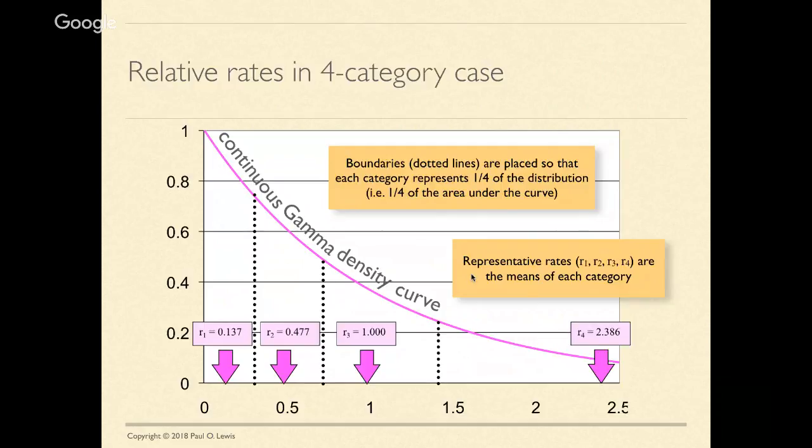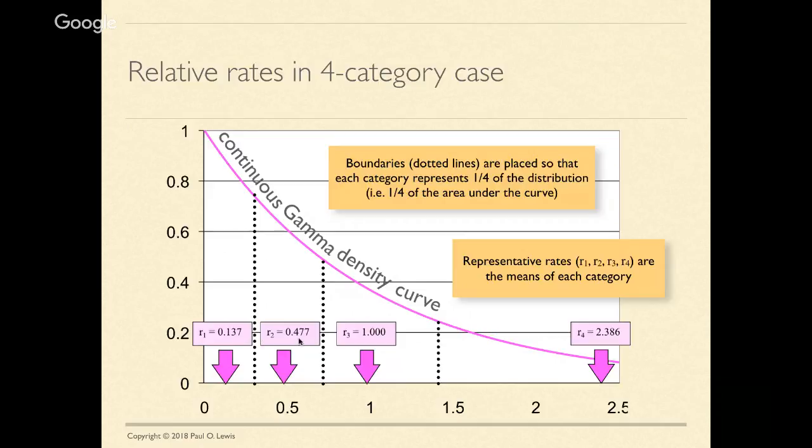That's how we get 1/4 of the distribution in each category. So these boundaries are determined by the area under the curve, and the area under here is 1/4, 1/4, 1/4, and 1/4. If we had 5 categories, we'd want these areas to be 1/5 each. And then the relative rates themselves are determined as the mean or the median of each of these categories.